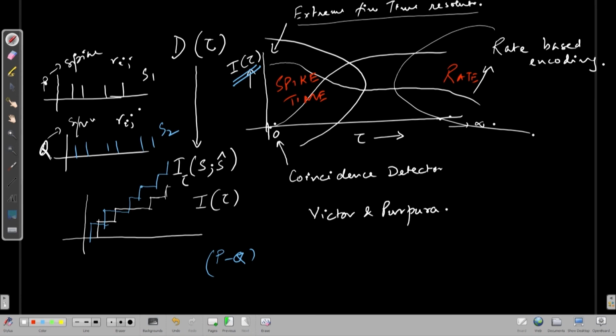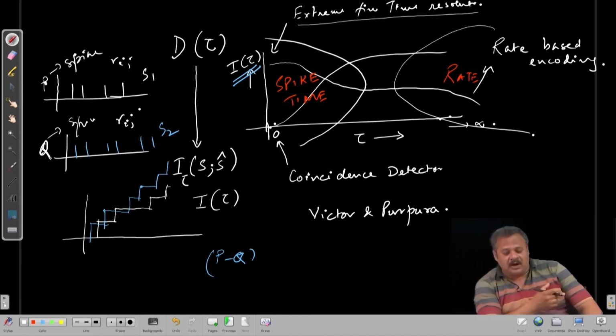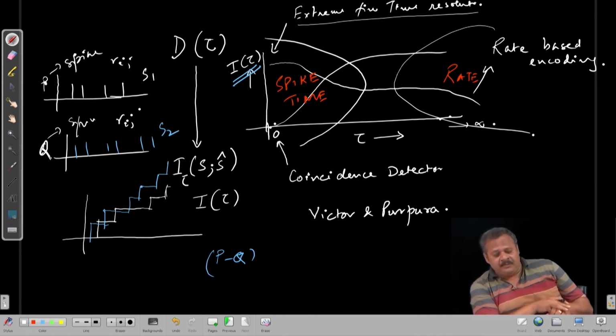It is essentially a way by which we convert one spike train to the other spike train by shifting spikes or adding or deleting spikes, and there is a cost associated with the shifting of spikes or adding and deleting spikes, and that cost is basically like the tau here, or 1 over the cost becomes the tau.